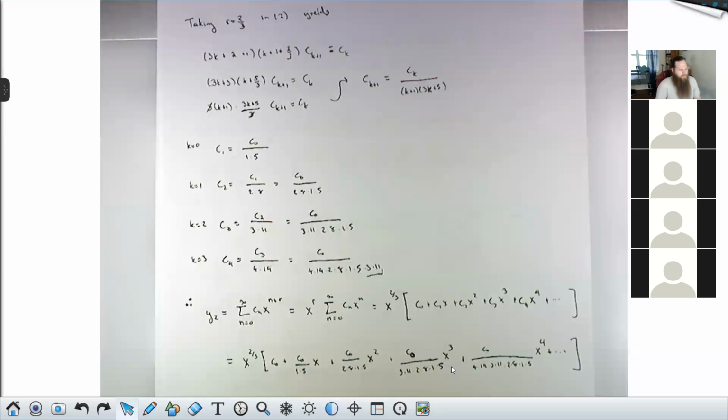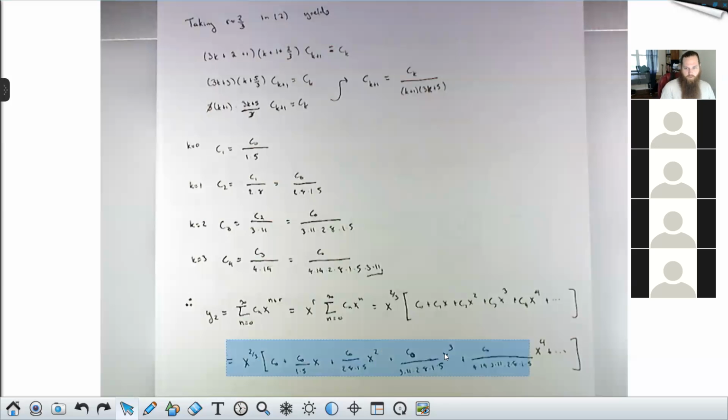Other questions or comments, other stuff we want to look at here? I'll tell you, there's a hidden thing going on here. With the discussion last time, I was able to guarantee you a certain radius of convergence. Here, I can't guarantee you any particular radius of convergence. I can tell you that there is a positive radius of convergence. It's not 0.